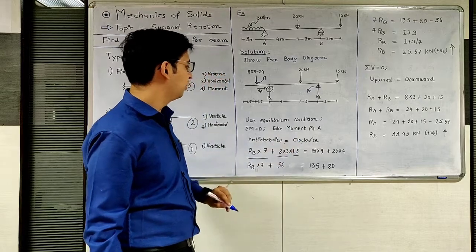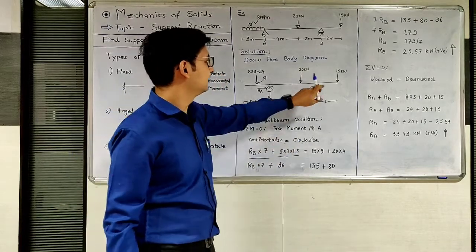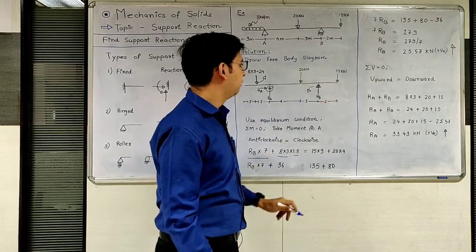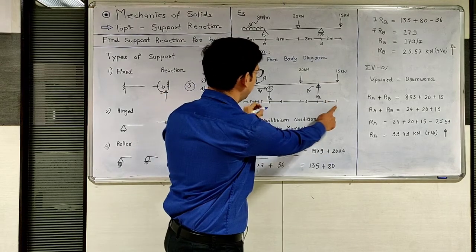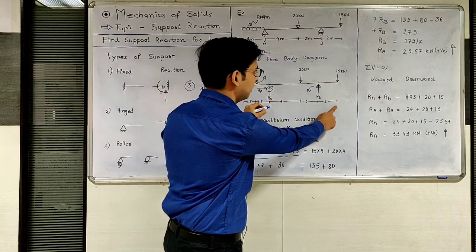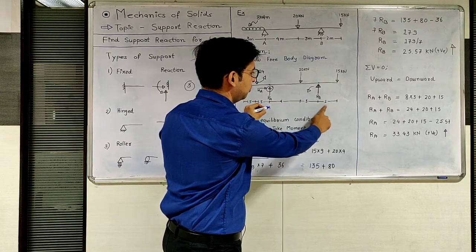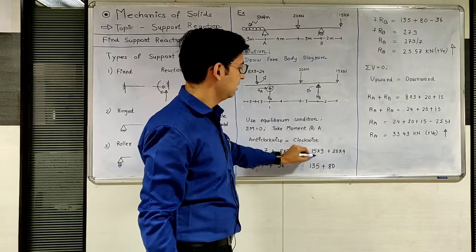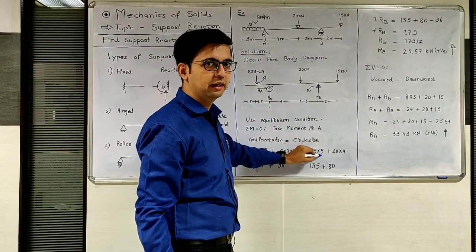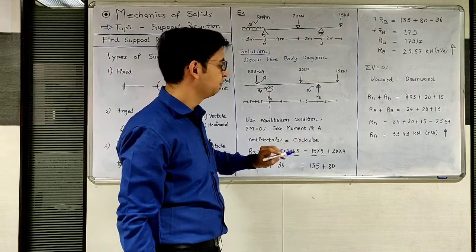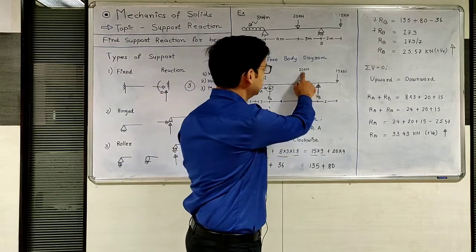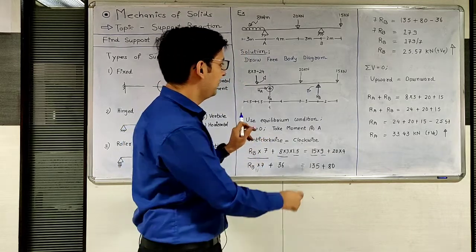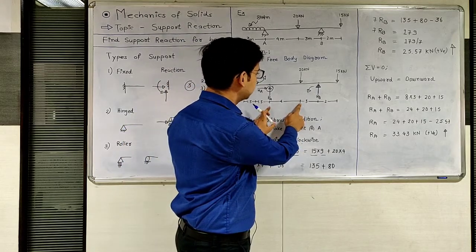Now the clockwise moment is due to the first point load, which is 15 kilonewton, and the perpendicular distance of the 15 kilonewton from point A is 2 plus 3 is 5, plus 4 is 9. So 15 is the force and 9 is the perpendicular distance. Now the second clockwise moment is due to the 20 kilonewton point load, and moment means force into perpendicular distance.